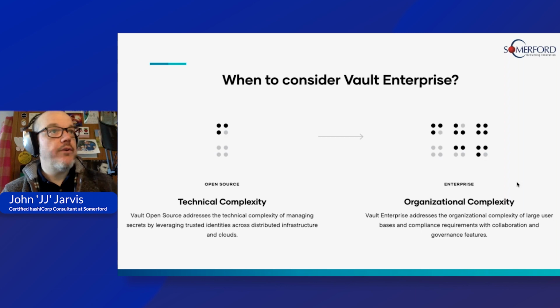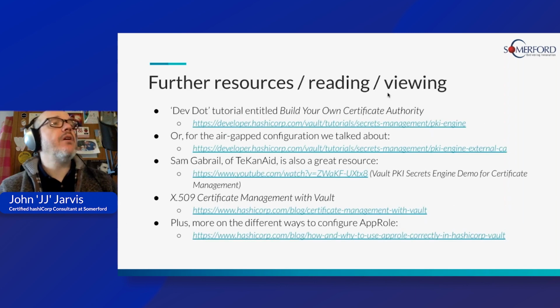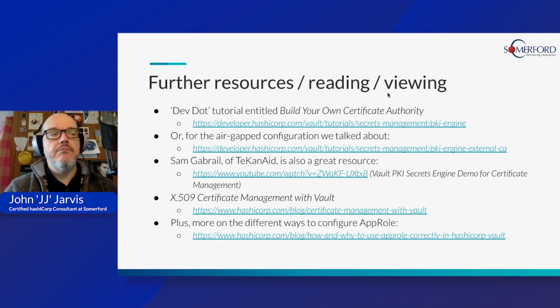Okay, so I promised some extra resources a few times now. Those tutorials that I talked about. That's the first one there, the first use case tutorial. And if you wanted more information about having the root CA outside of Vault, that more stringent security to deal with a more significant threat model, that second tutorial builds on the first one.